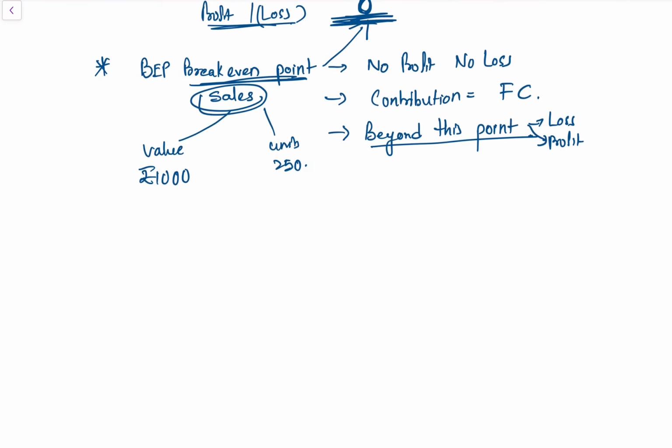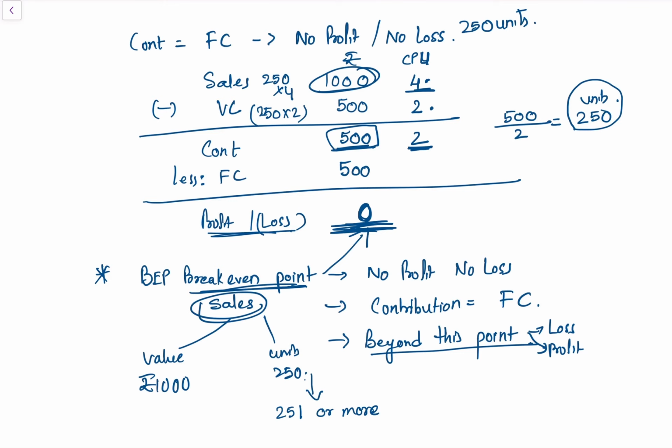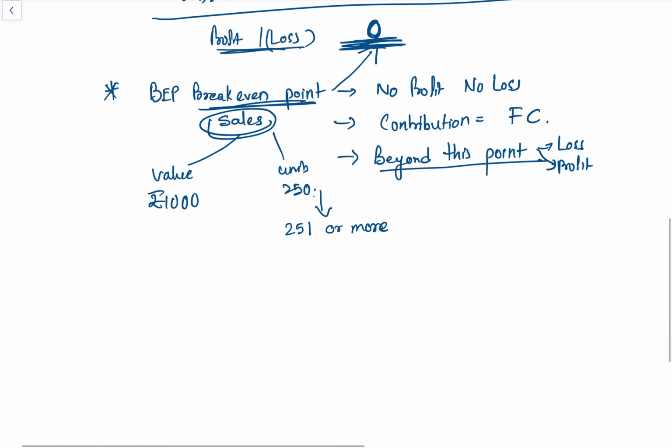If we are going beyond these units, meaning we are making 251 units or more, keeping all these values constant, like cost per unit and fixed cost don't change, then we will start making profits.